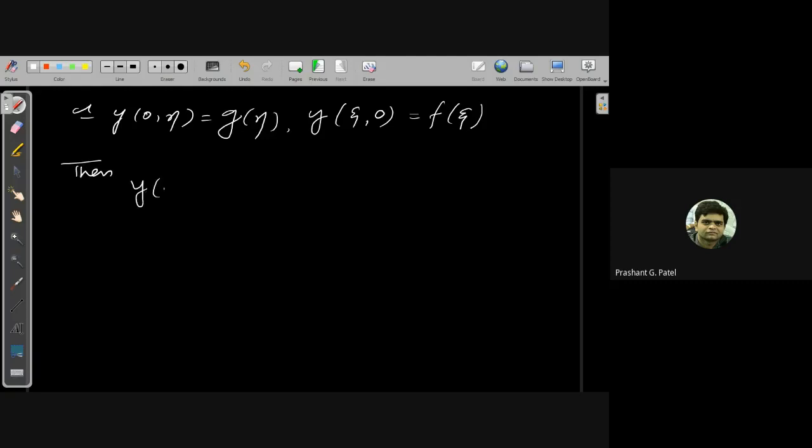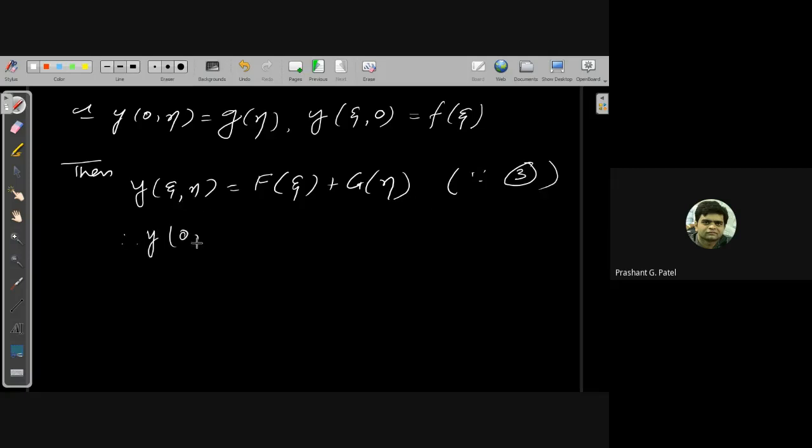Then we have y of xi eta, which we know is capital F of xi plus g of eta. This is actually equation 3. Now here you can substitute 0, eta, that means xi is equal to 0.